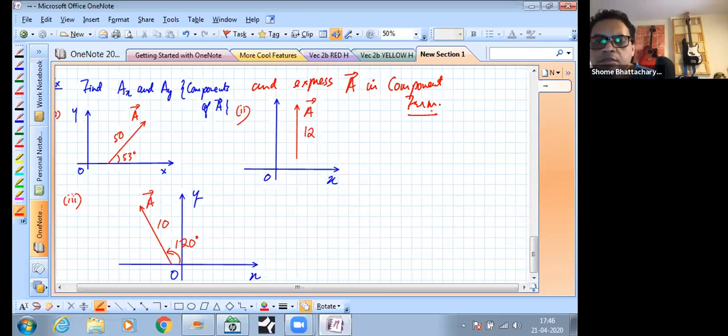Yes, very good. Viraj and Kevin, both of you got it correct. Sanya, you are also right. Tarisha, the values of cos and sine 53 are respectively 3 by 5 and 4 by 5. Okay, 53 degrees is there in the 3, 4, 5 triangle, so you can figure it out from that.